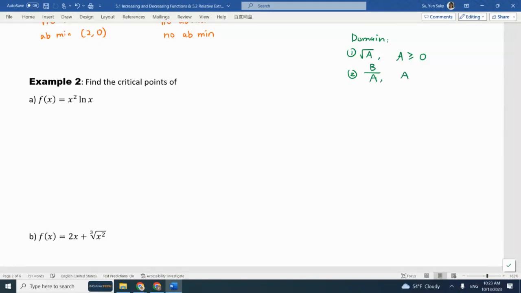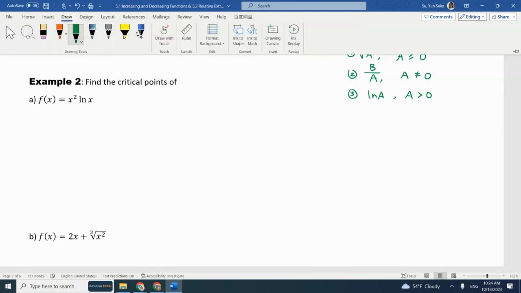Fractions. What do you need? The denominator can't be 0. How about the third one? ln of A. What do you need? A greater than 0. Yes.